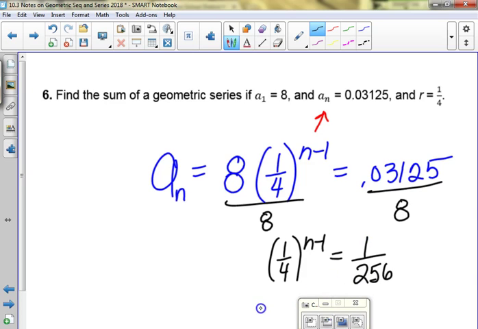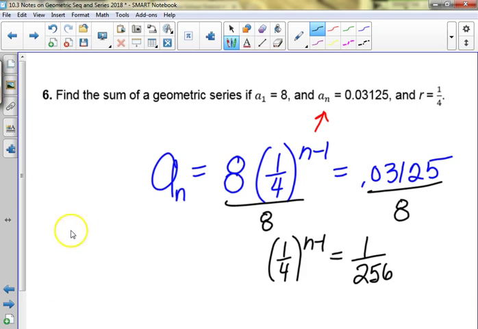Okay, now, I love this question. Anybody know what we need to do? We can't multiply by 4 because of the exponent. It is a log question.